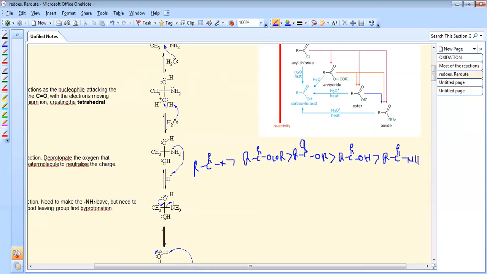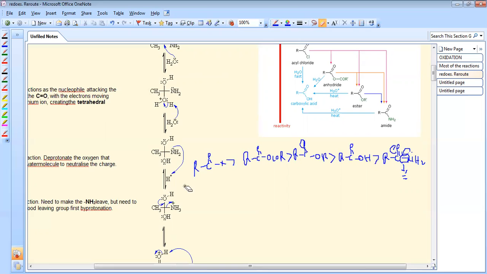Why is it least reactive? Because it has a lone pair of electrons, and this lone pair readily participates in resonance. So this single bond gets double bond character if you write the resonance. Due to that, it is less reactive.